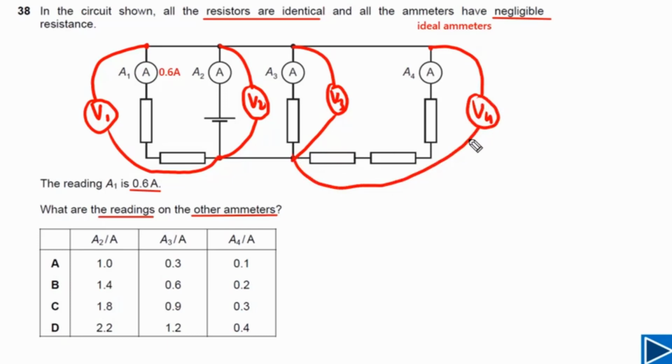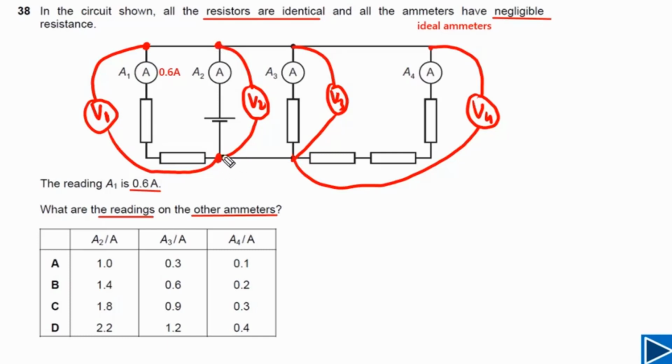And this is the main idea you need to understand. If I look at V1 and V2, this point and this point are at the same potential because this wire is an ideal wire. So I'm finding the potential difference across this point and this point. And for the second voltmeter, I'm finding the potential difference across this point and this point.